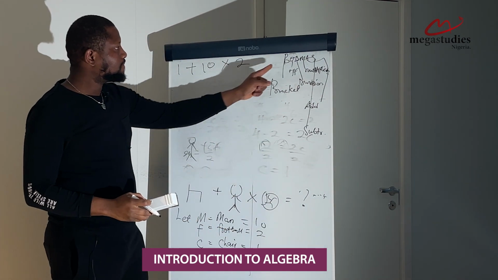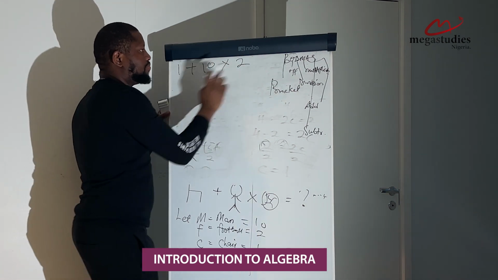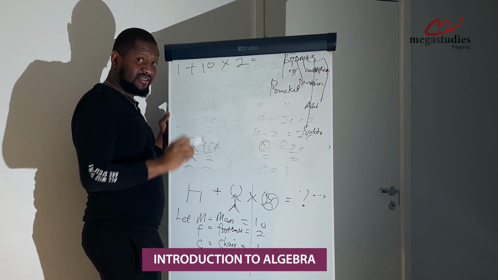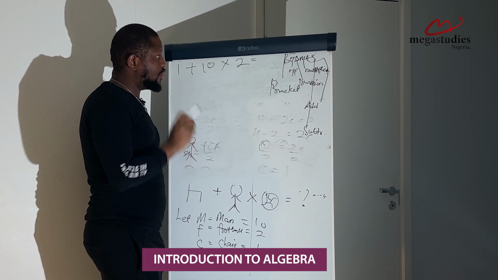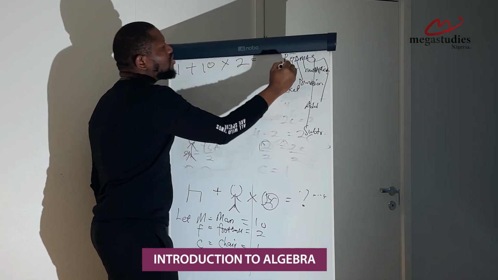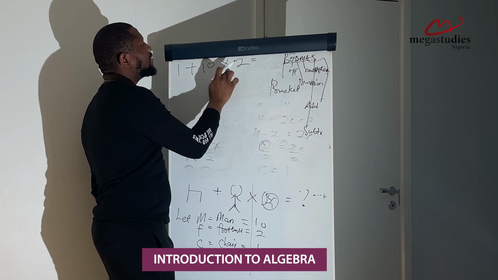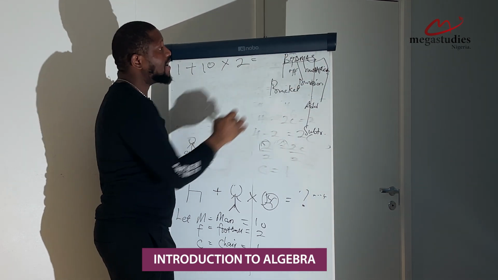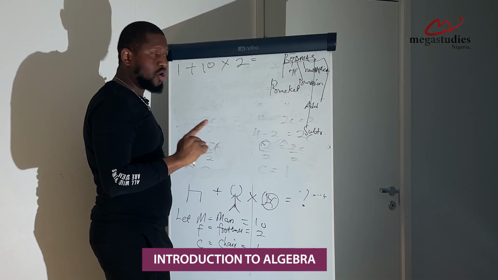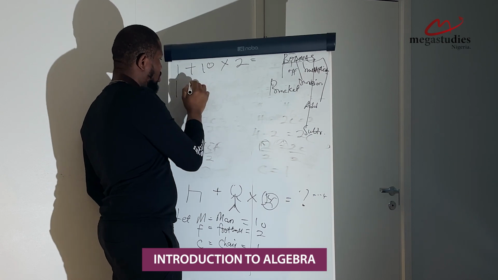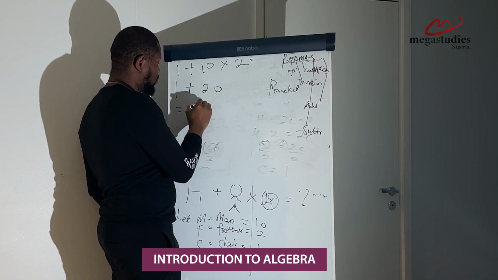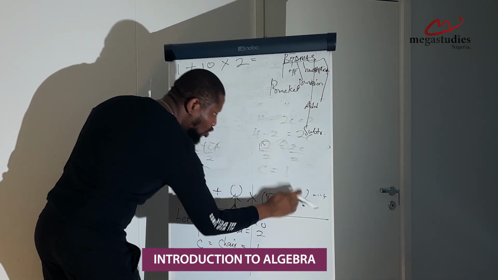Now, we use this law to get this answer because we don't want to make mistakes in examination condition. So 1 plus. In BODMAS, what comes between plus and multiplication is multiplication, meaning addition comes last. So we have to multiply first. That is the law. So it will be 1 plus 10 multiplied by 2 is 20. 1 plus 20 is equal to 21. So the last equation, the unknown, is 21.